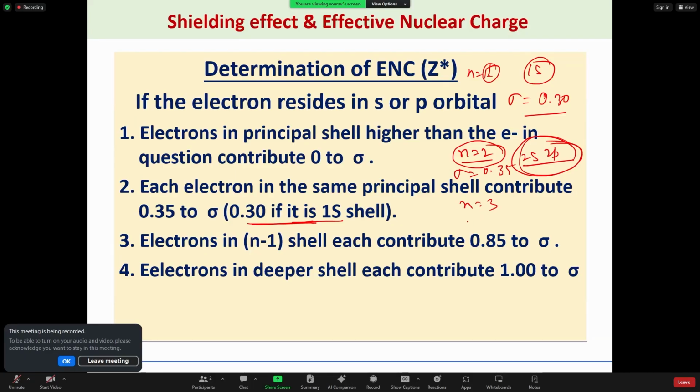Suppose n equals 3, so 3s, 3p and 3d. For that the sigma value will be 0.35, but for n minus 1 the sigma value will be 0.85. In that way you have to calculate Z star, the Z effective, and sigma value.